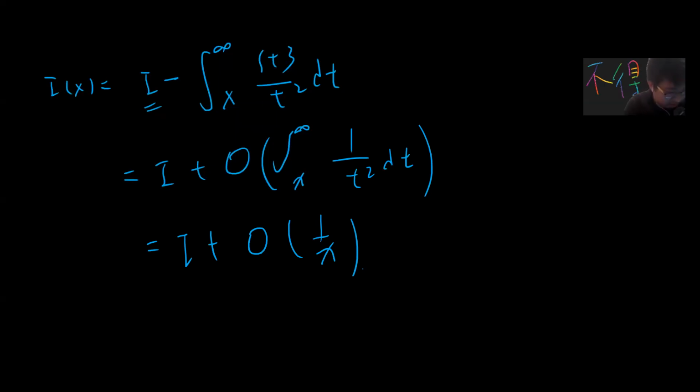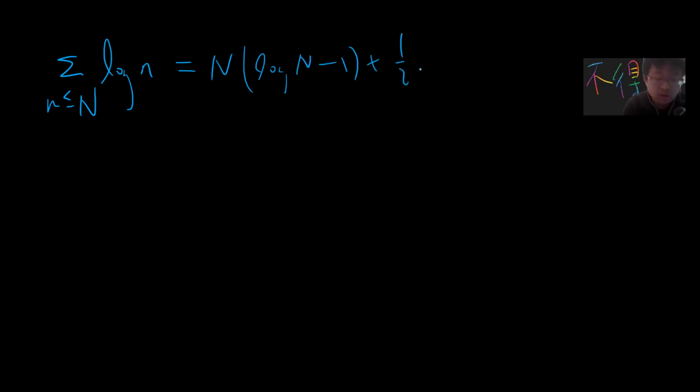There are other examples, but probably they are not important. Another example is that you can prove this, where C is a constant. You can do the same thing to prove it. I don't want to prove it here, but you can check it.